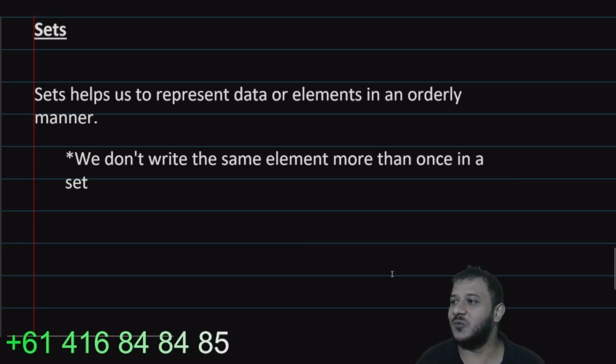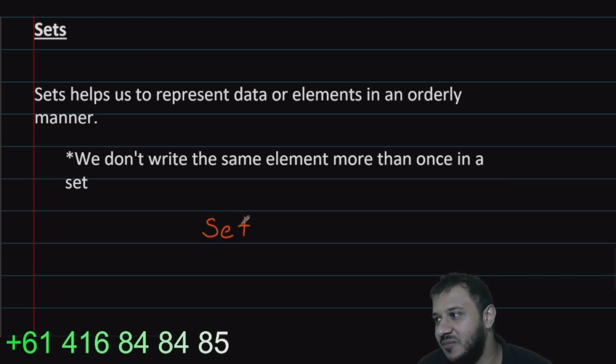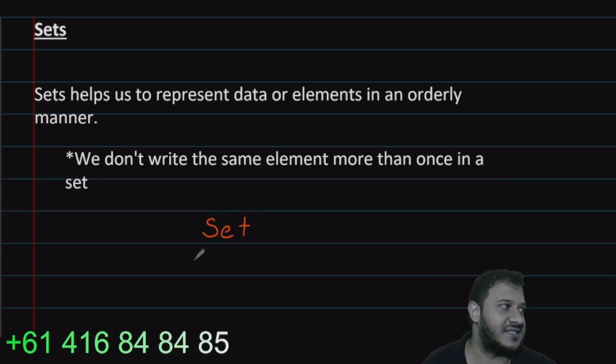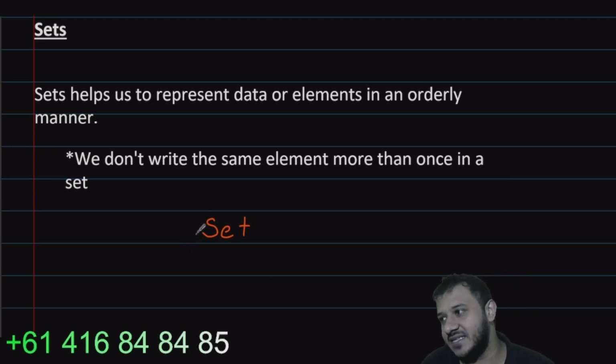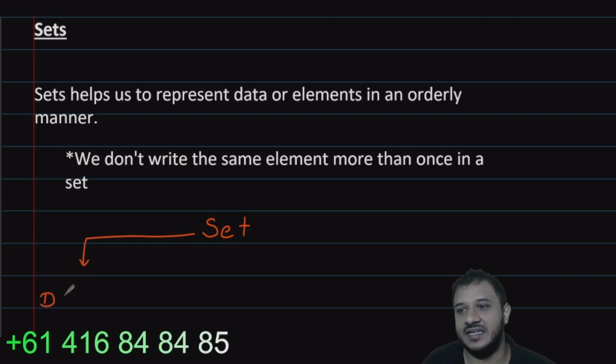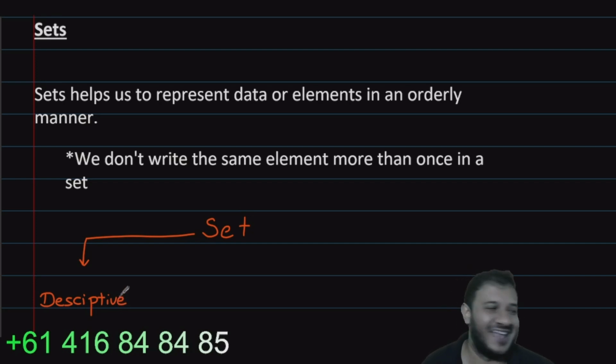So when we say sets, there are three different main ways we represent sets. Sets can be represented in a descriptive manner. Don't worry, I know that you might not understand what is happening. You will soon understand it. I'm just teaching you how ABCD works here, and then you will know what this is.